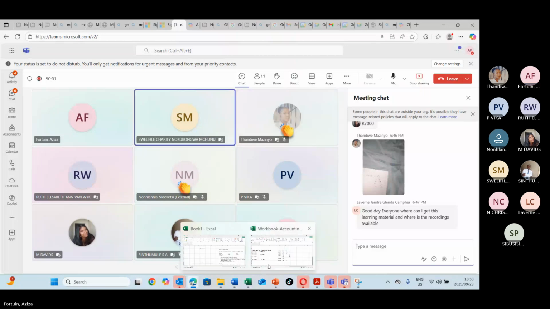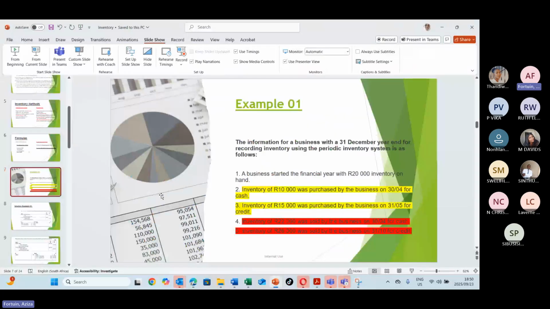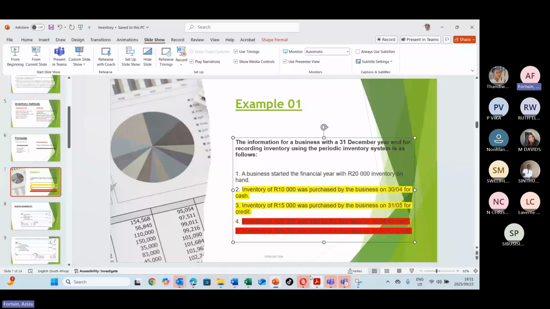Okay. Let's move on to this example here. I want you now to do the journal entries for me for this example.